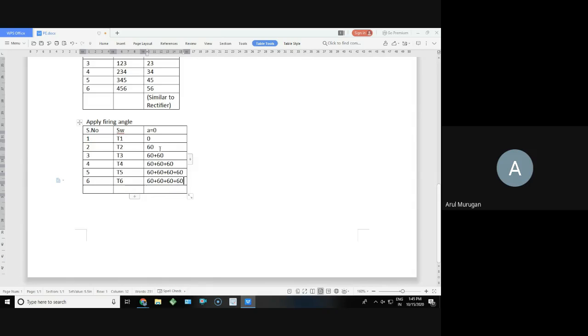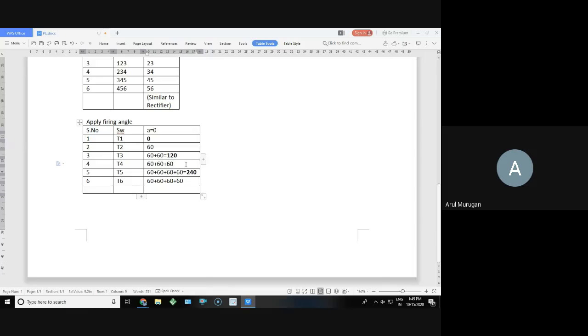Alpha is equal to 0, so you write 0, 60, then 120. Is the angle difference between 1 and 3 120 degrees? Yes. Similarly, 3 and 5 is 240.